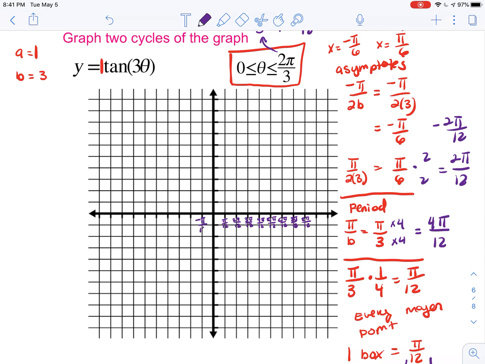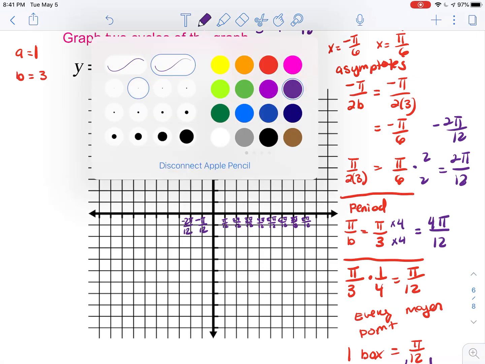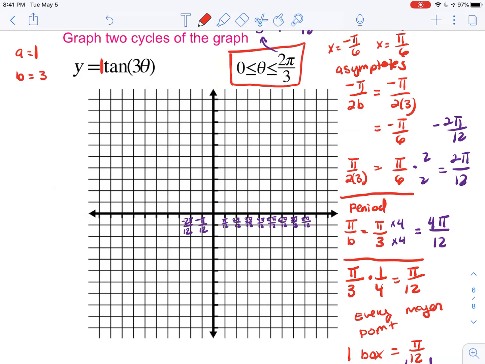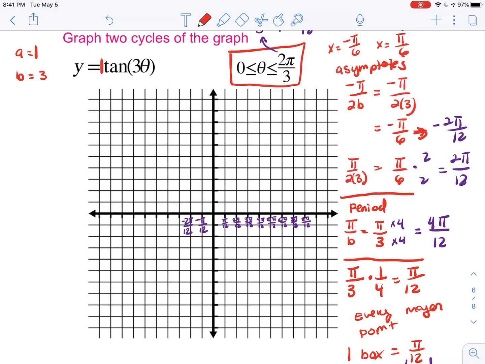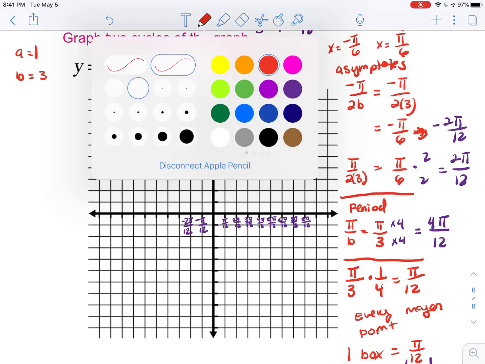Now to start, let's start plotting the values we need. I'm going to start with my asymptotes. Now, I notice I have a negative asymptote, so I'm going to actually extend this to the other side. I will eventually erase it because it will not necessarily be a part of my graph. Okay, so where are my asymptotes?